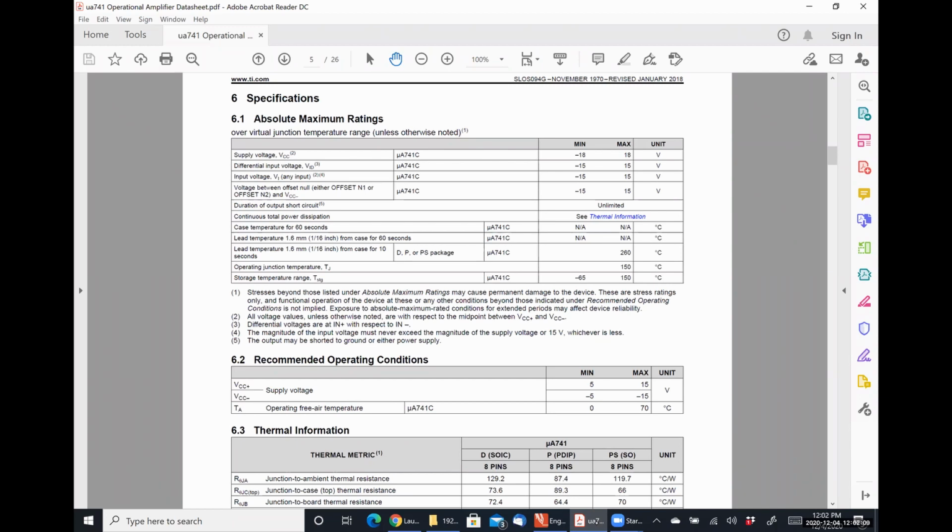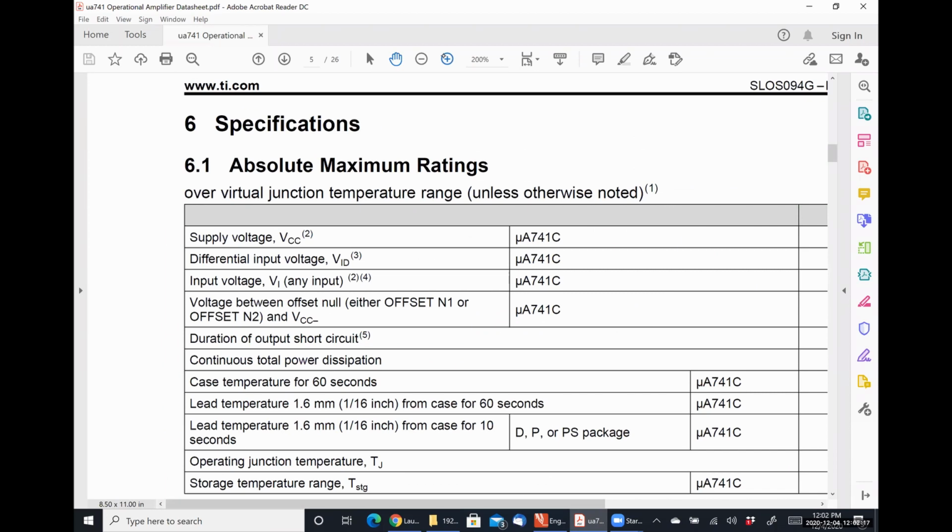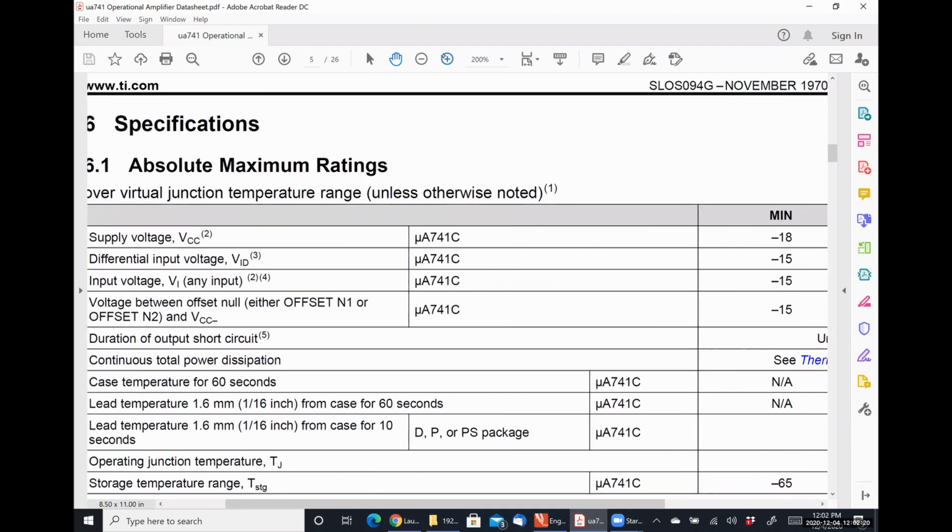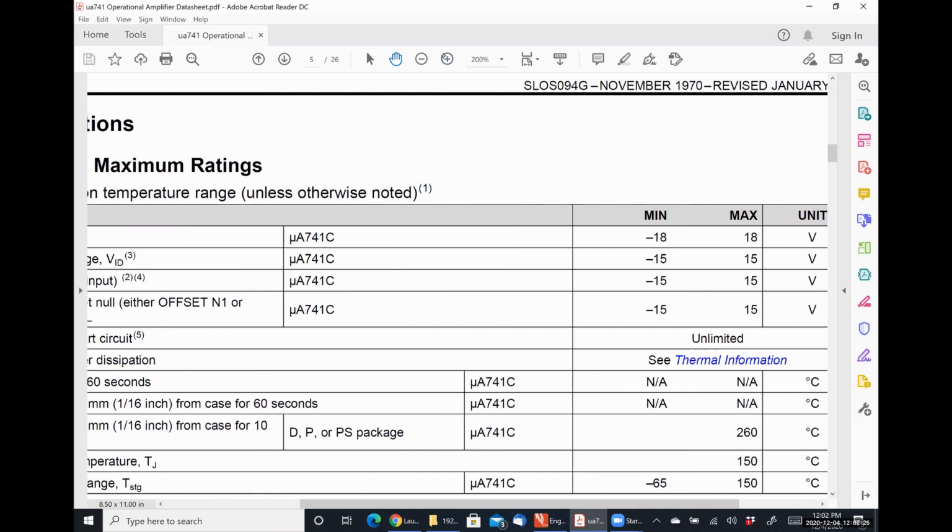Maybe I should zoom in so you can see it a little better. The supply voltages are, we can put up to negative 18 volts on the VCC minus pin, positive 18 volts on the VCC plus pin, but our input signals can't be larger than negative 15 and positive 15 or we get distortion. So this is not an example of a rail-to-rail amplifier.